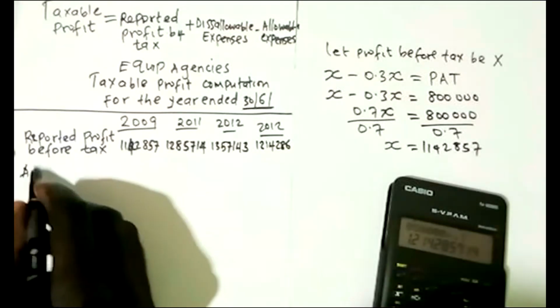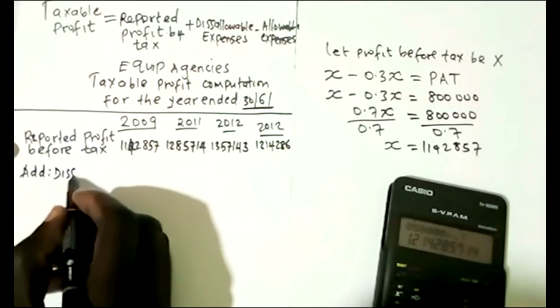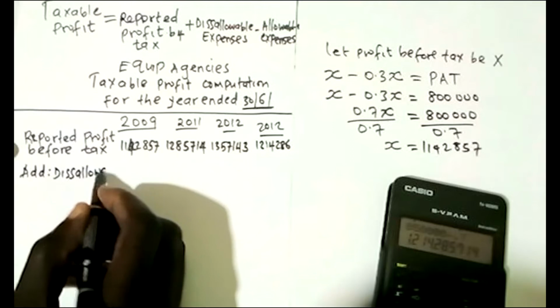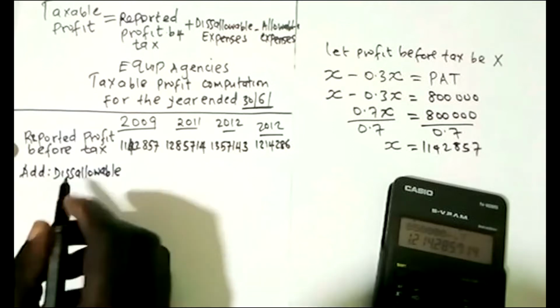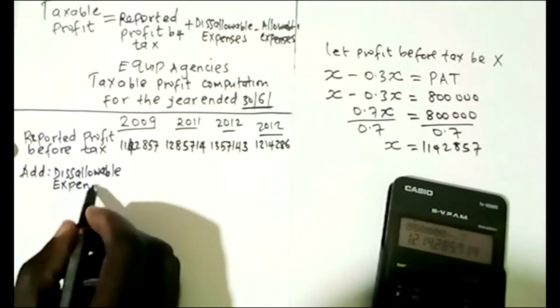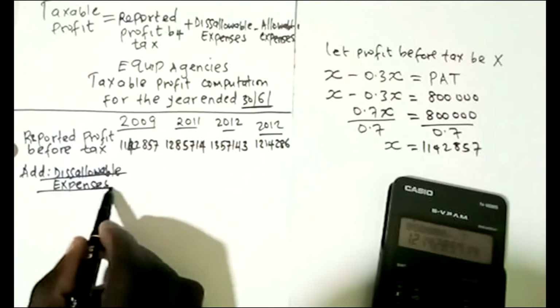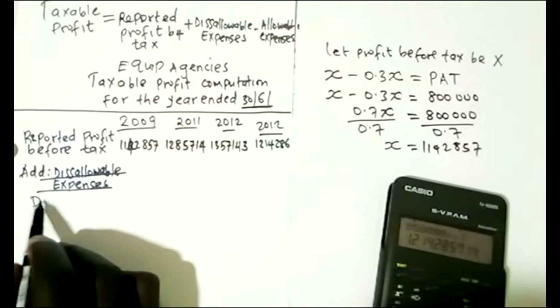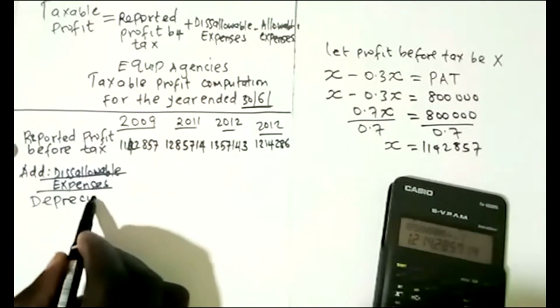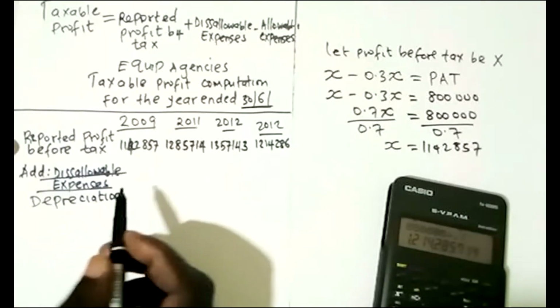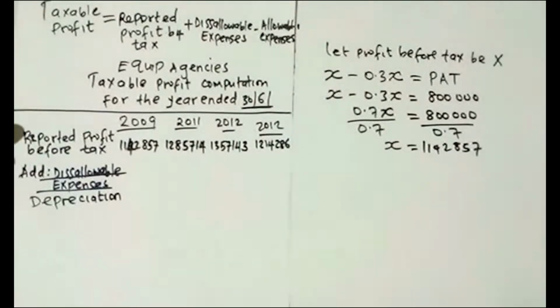After that, now you add the disallowable expenses. For the disallowable expenses, we have depreciation. Remember, depreciation is based on the asset.